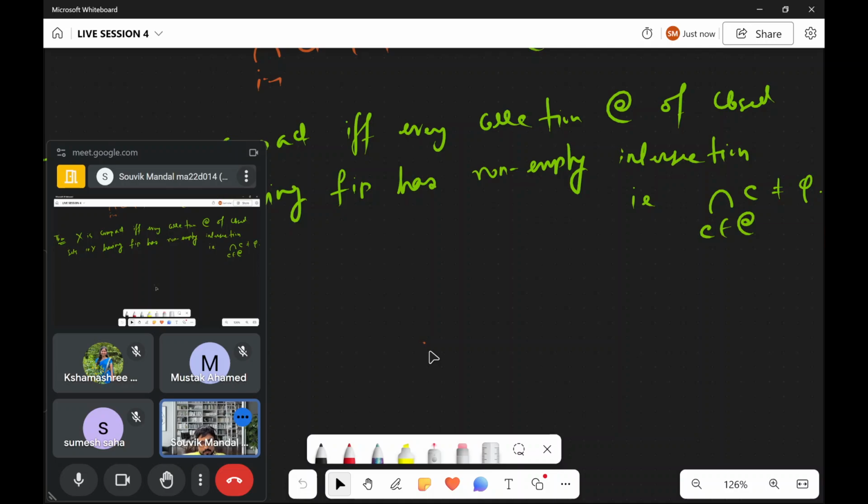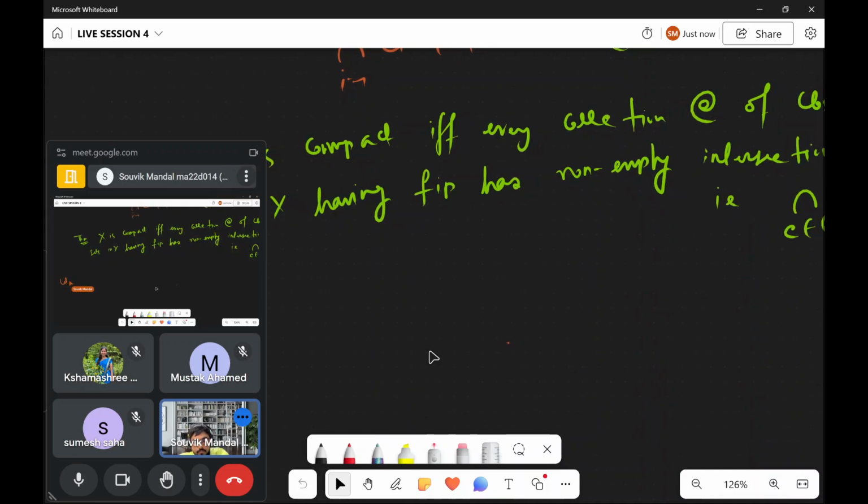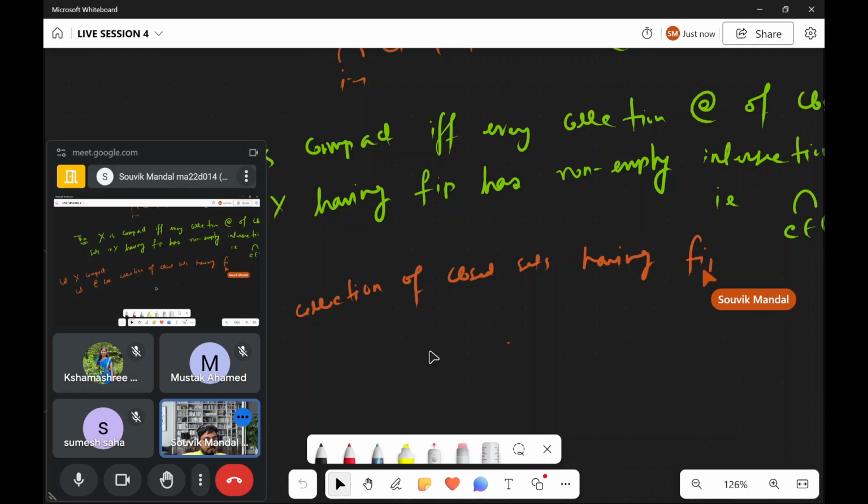So for that, what do I need to do? Let X be compact, and let C be a collection of closed sets having the FIP.